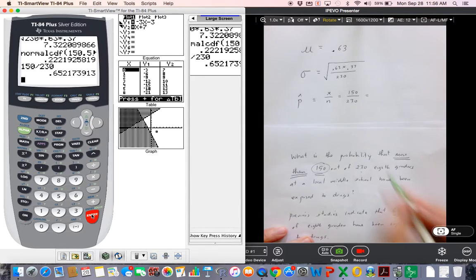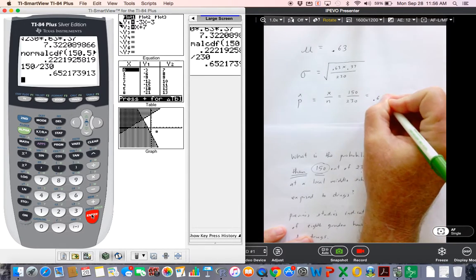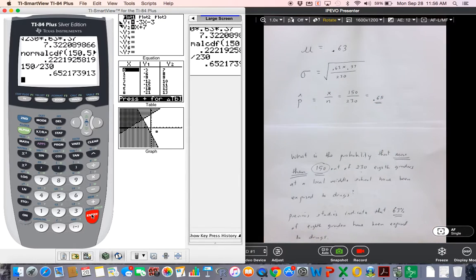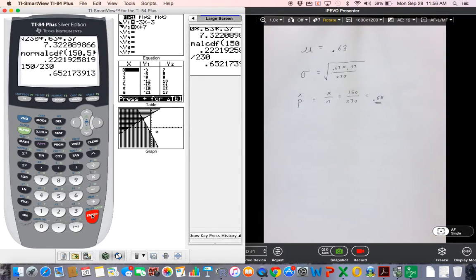So I can call this about 0.65 of our sample. So about 65% of our sample, which is these 230 8th grade kids, have been exposed to drugs.